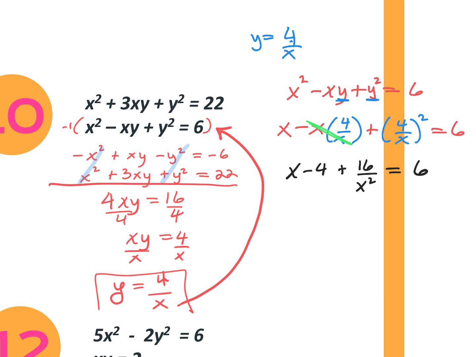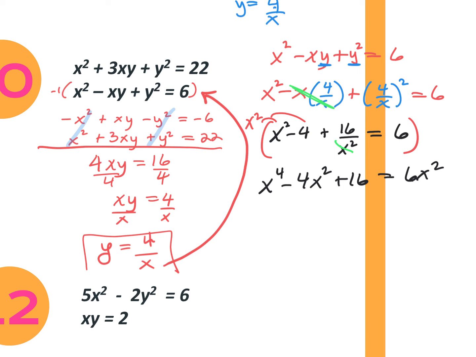I'm going to clear the fraction. I'm going to multiply everything by x squared. So I'm going to distribute it to each. There should have been an x squared here. So when I distribute this, I get x to the 4th minus 4x squared plus 16, because it cancels this one, equals 6x squared.